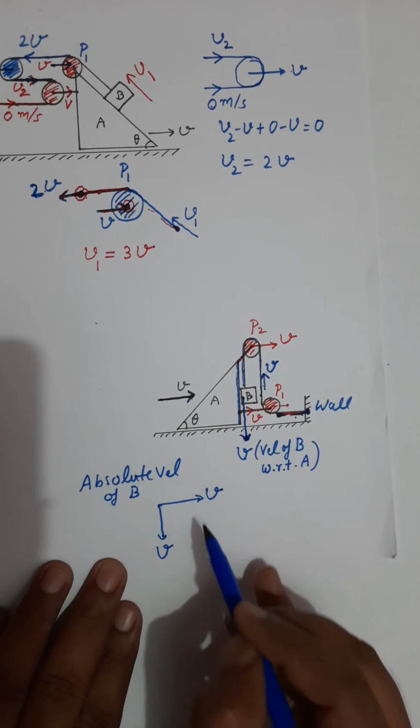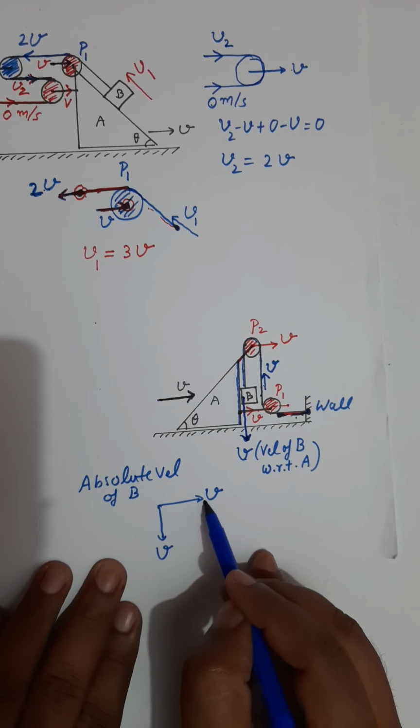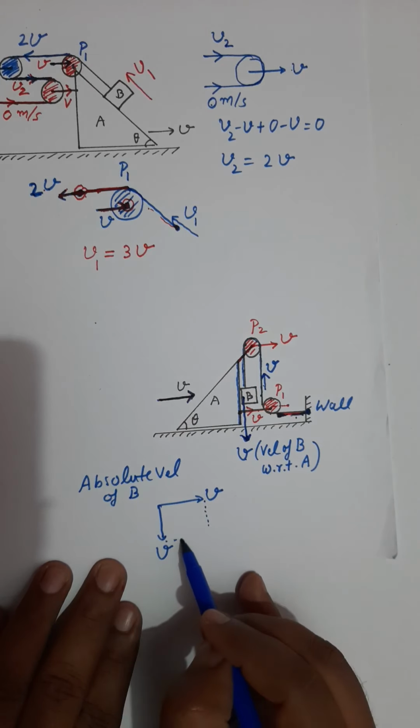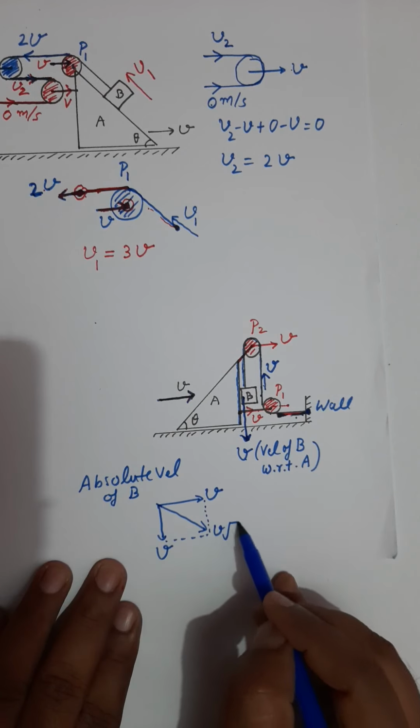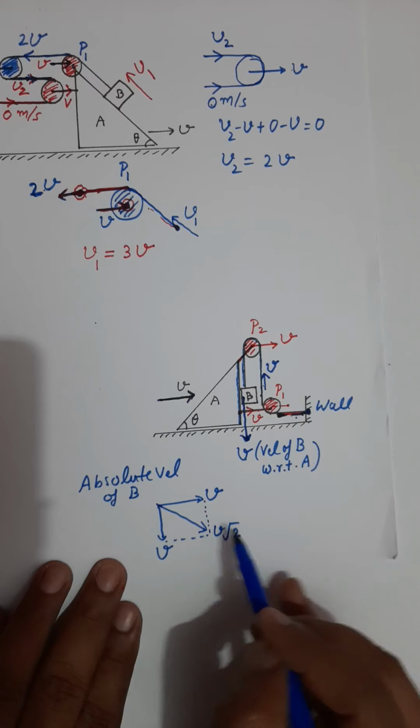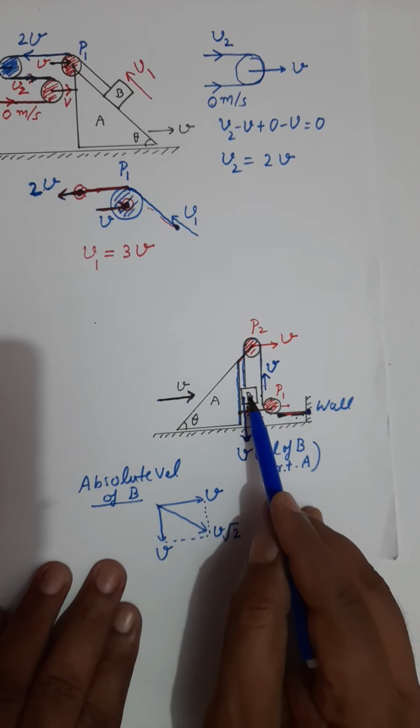That was my key point, key concept number 1. So if you find the resultant of these two, you will get v root 2 as the absolute velocity of this block B.